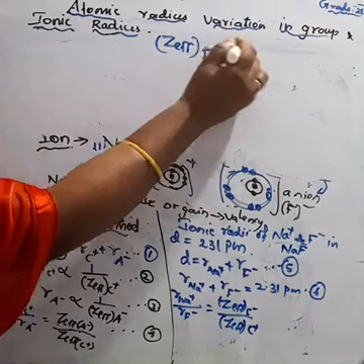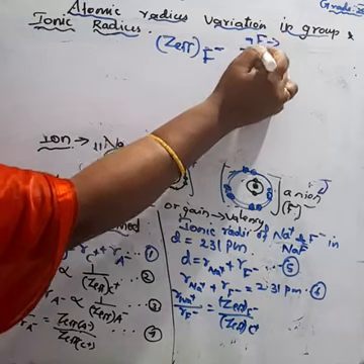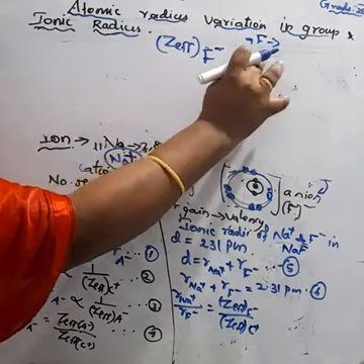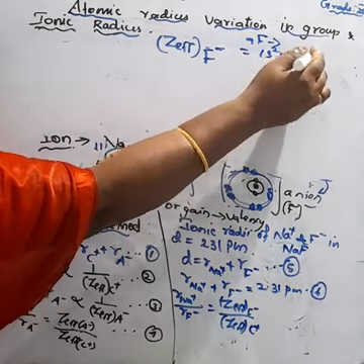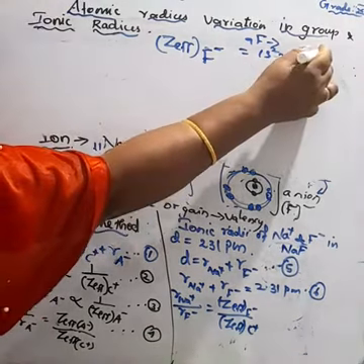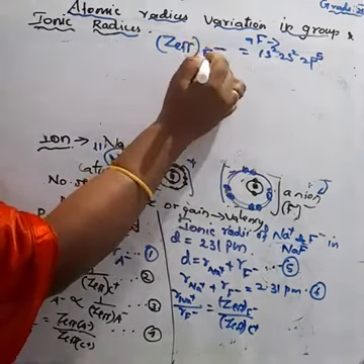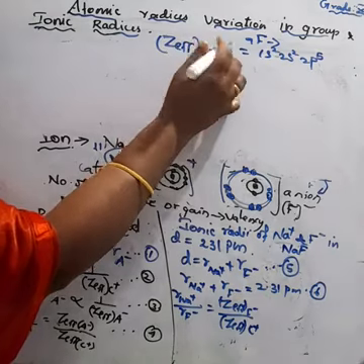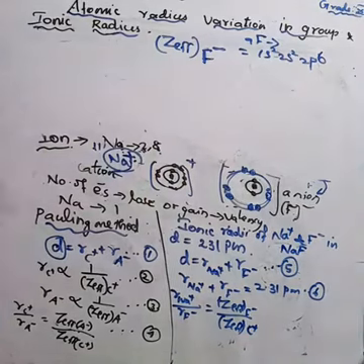The atomic number for fluorine we know is 9, so the electronic configuration is 1s2, 2s2, 2p5. But here we are calculating the effective nuclear charge for the fluoride ion, F minus, so there is 1 extra electron. The extra electron is added to the p orbital, so we get 1s2, 2s2, 2p6.